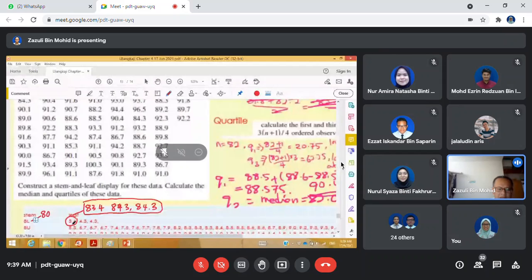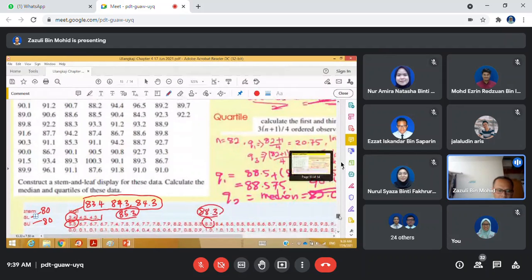For 82, 8 upper is this one. You can have 85.3 with this one, 88.3. So you arrange like this. Okay. Another example is 10 lower.